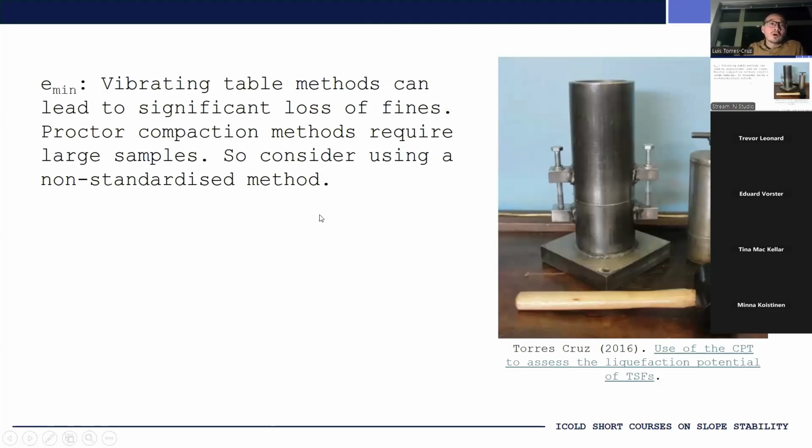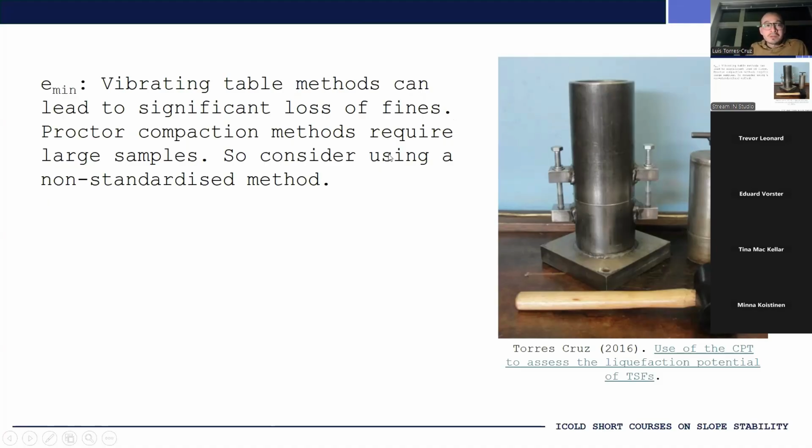Coming to the non-standard methods, I want you to keep in mind that if you use a vibrating table method, that has the disadvantage, in my experience, that it can lead to a significant loss of fines. So I don't recommend vibrating table methods. And as I mentioned, the Proctor compaction methods, well, they're useful and they produce good trends, but they require large samples.